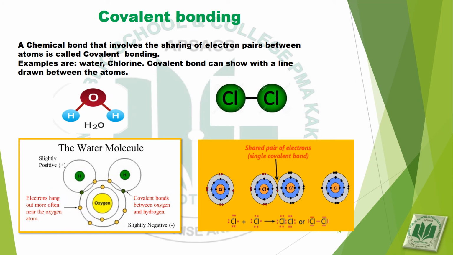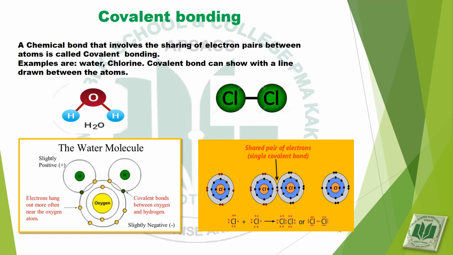Students, let's see covalent bonding. A chemical bond that involves the sharing of electron pairs between atoms is called covalent bonding. The examples of molecules with covalent bonding are water and chlorine.